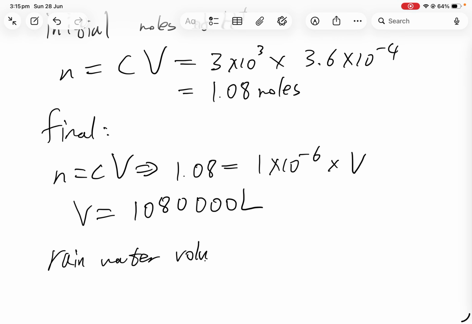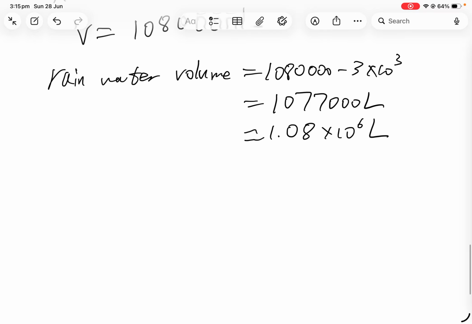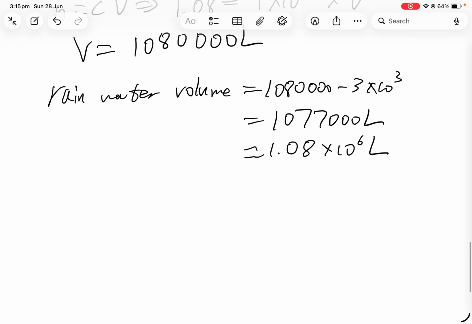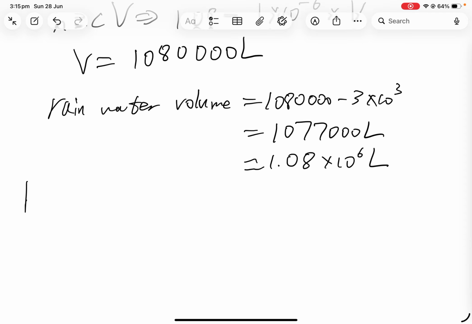Volume will equal 1,080,000 subtract 3 times 10 to the power 3, so that's just minus 3,000. That equals 1,077,000 liters, which equals about 1.08 times 10 to the power 6 liters. Alright, that's it for part A, as that's how many liters we need of rainwater.